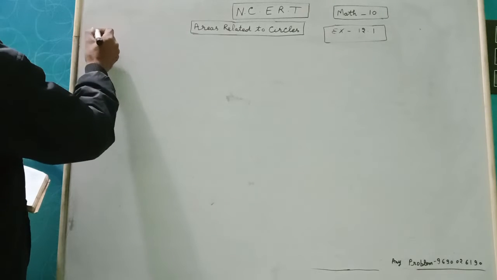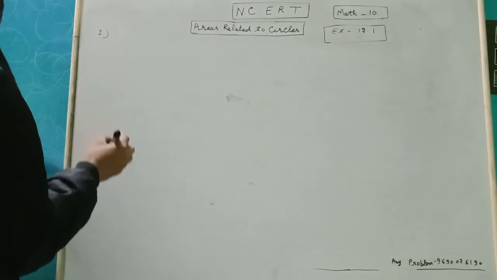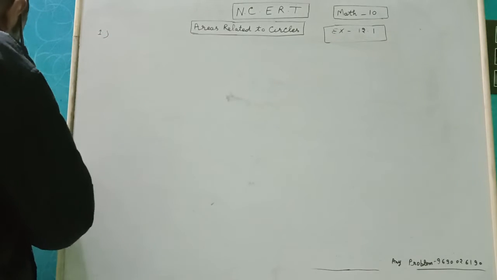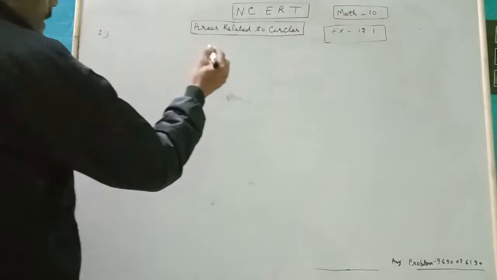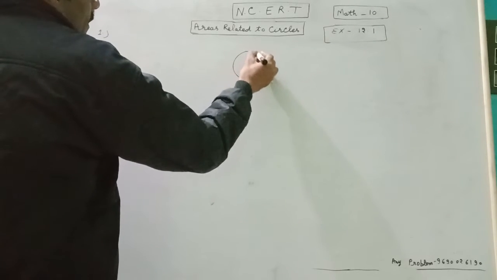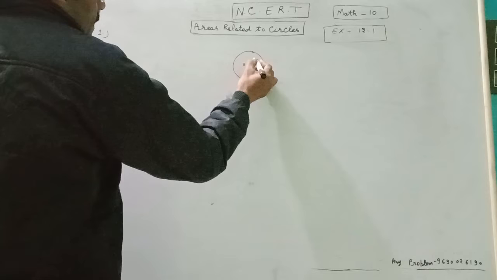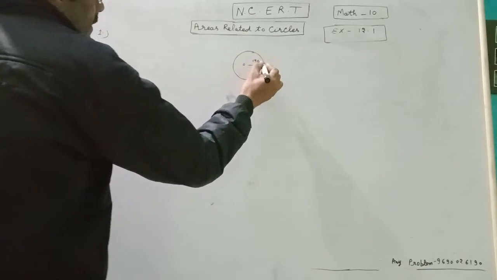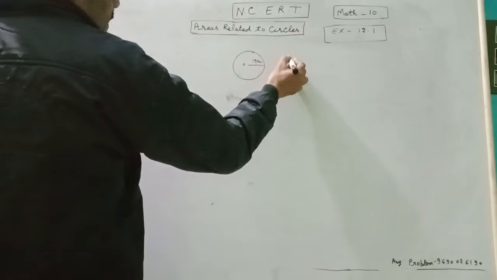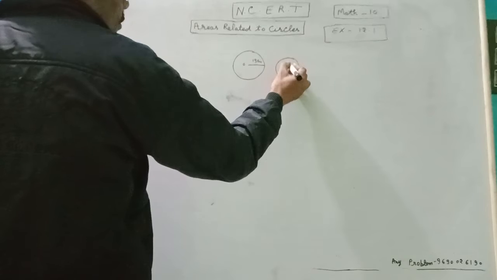Question number 1 is: two circles are given. The first circle has radius 19 cm and the second circle has radius 9 cm.